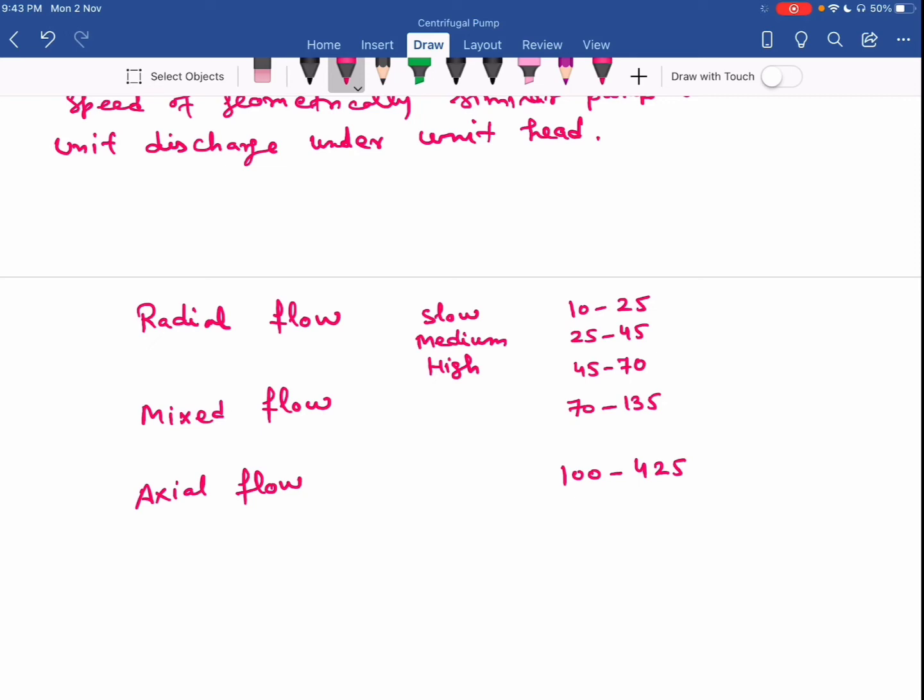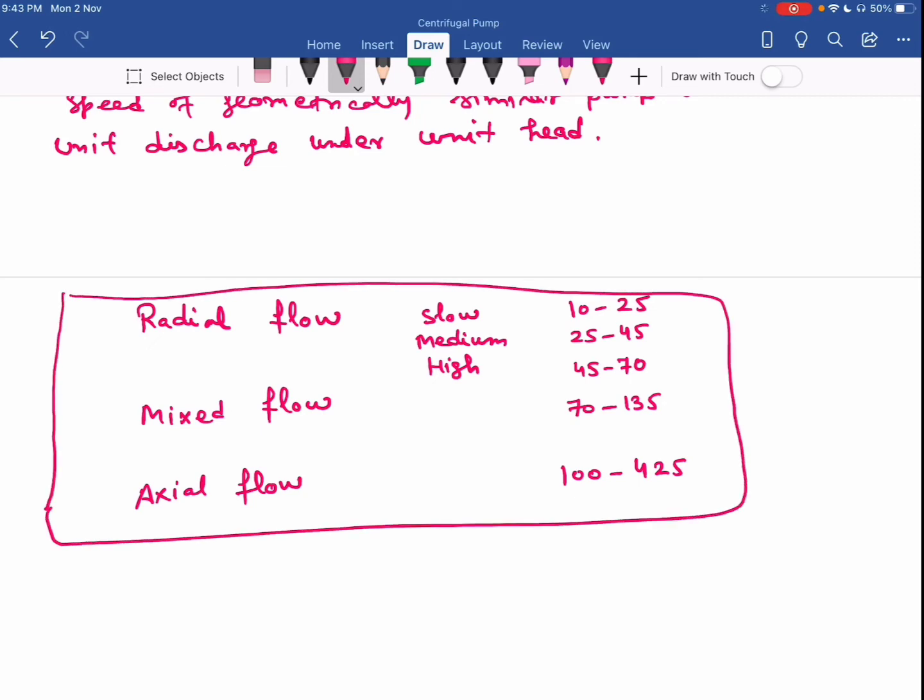So by finding out the specific speed, you can see which type of impeller we can use in a centrifugal pump. This table helps us decide the type of centrifugal pump on the basis of specific speed.